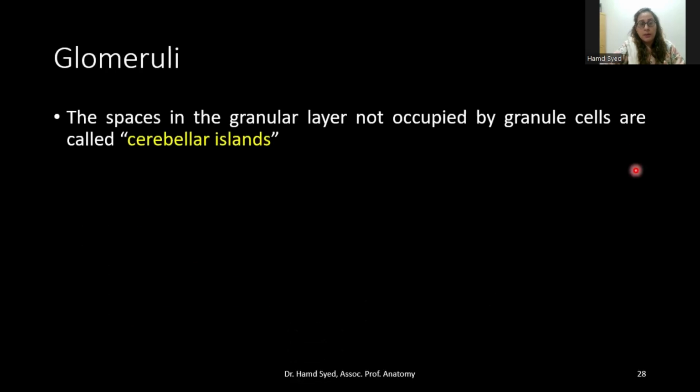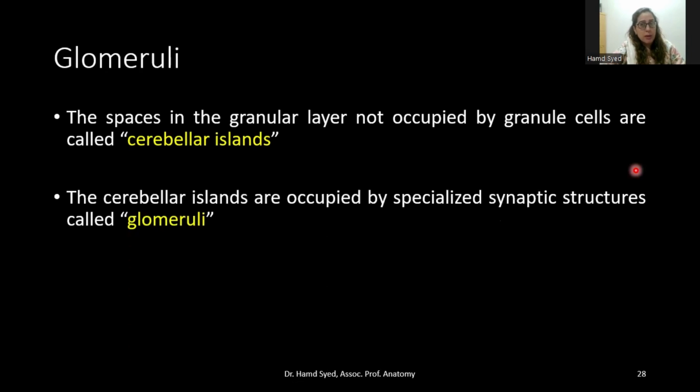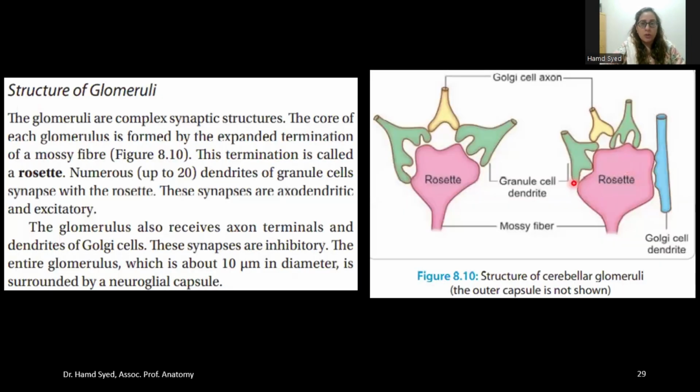So let's talk a little about the glomeruli. There are spaces in the granular layer. If we look at the histomicrograph of a granular layer, we can see that there are certain areas where granule cells are not present. These spaces are known as cerebellar islands, and they are occupied by specialized synaptic structures known as glomeruli. So here is a detailed structure of a glomerulus. They are complex synaptic structures.